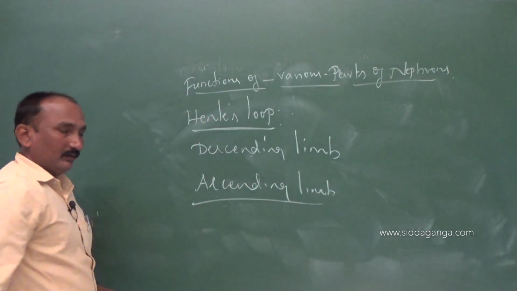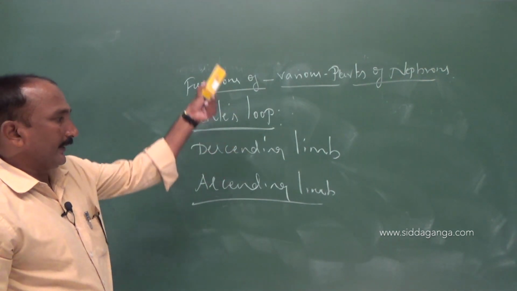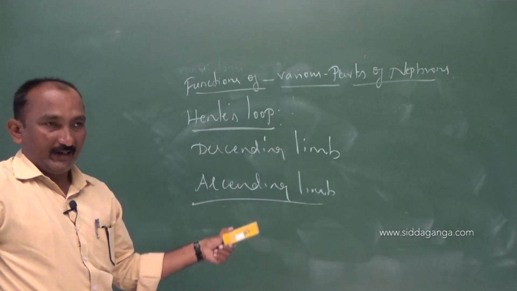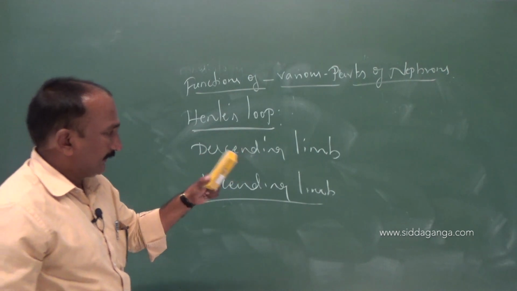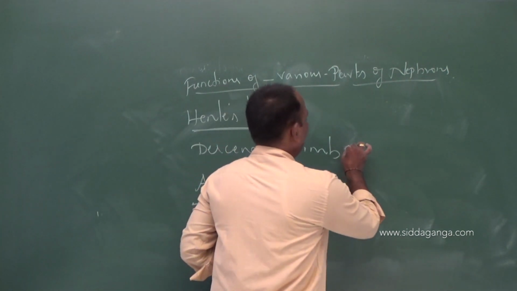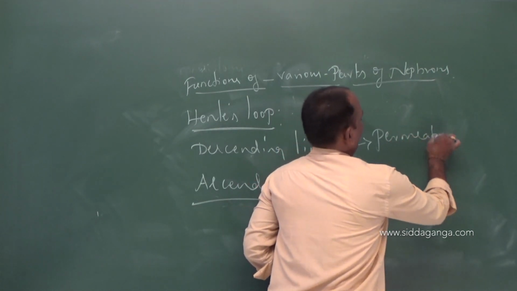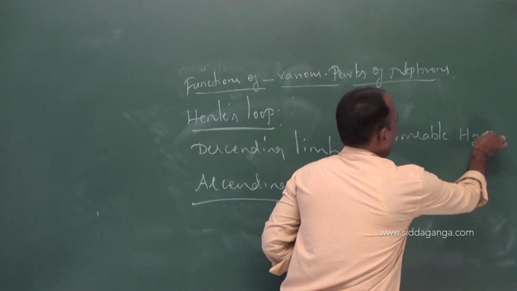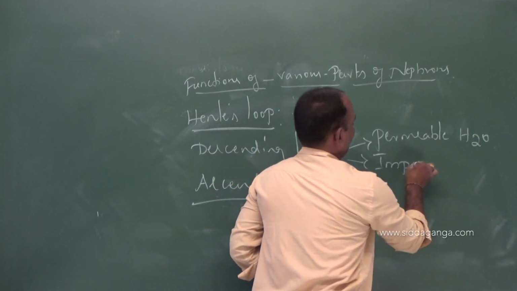Why is it descending? Because the filtrate moves in a downward direction. The descending limb is permeable to water but impermeable to ions.